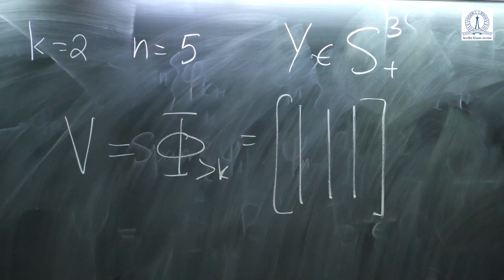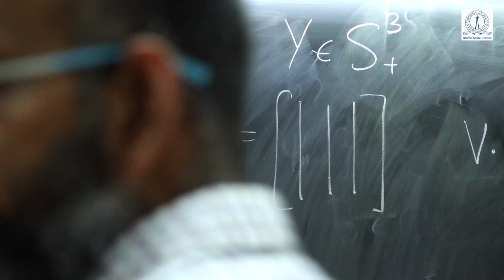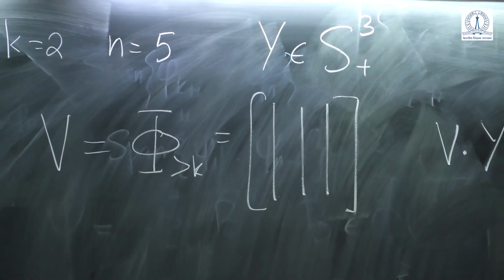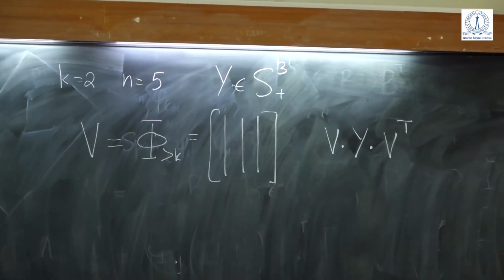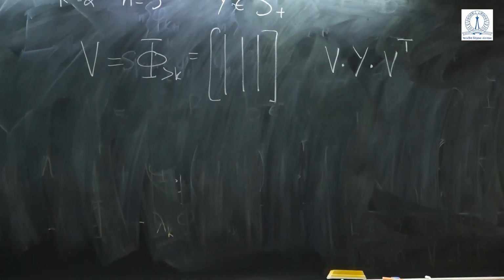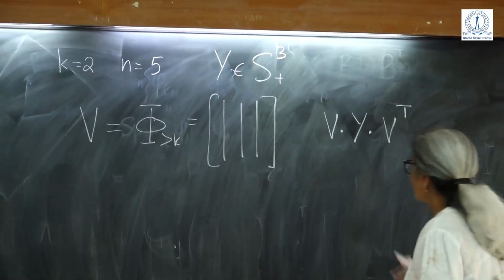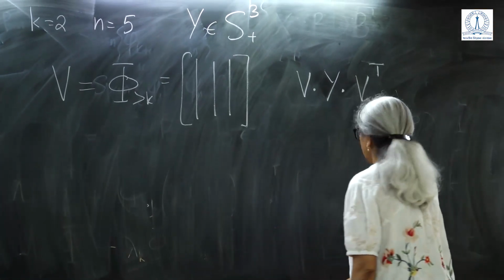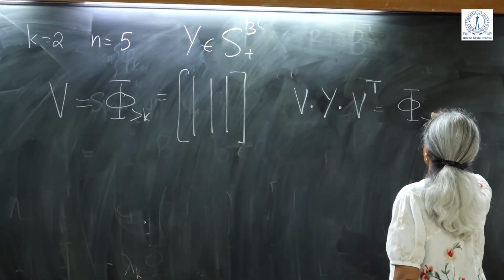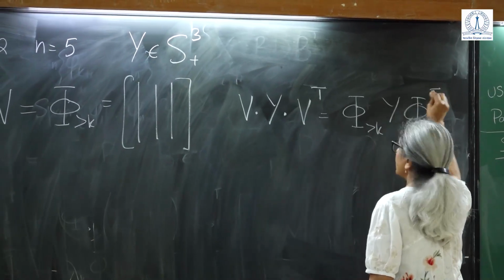And then in the next line, we are computing V times Y times the transpose of V. Okay? Does anybody have a question? Please ask. Okay? So this piece, V, Y, V transpose, is exactly phi bigger than K, Y, phi bigger than K transpose.